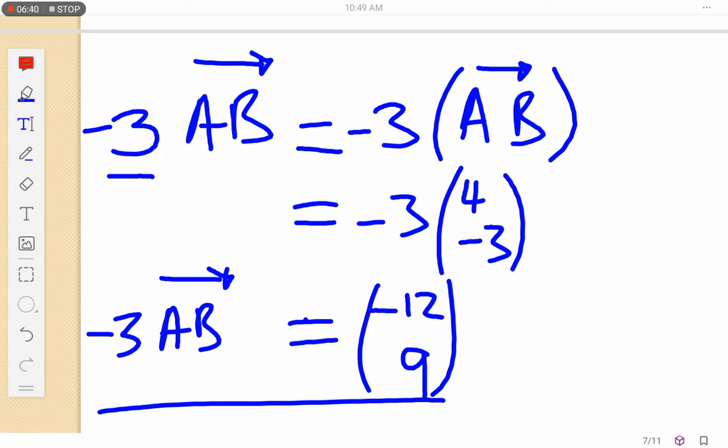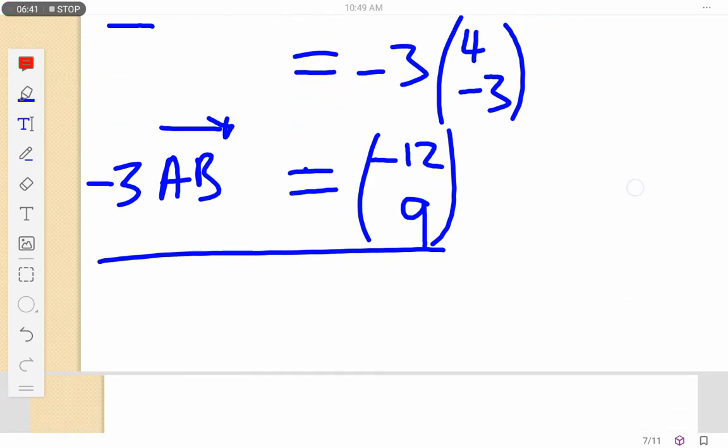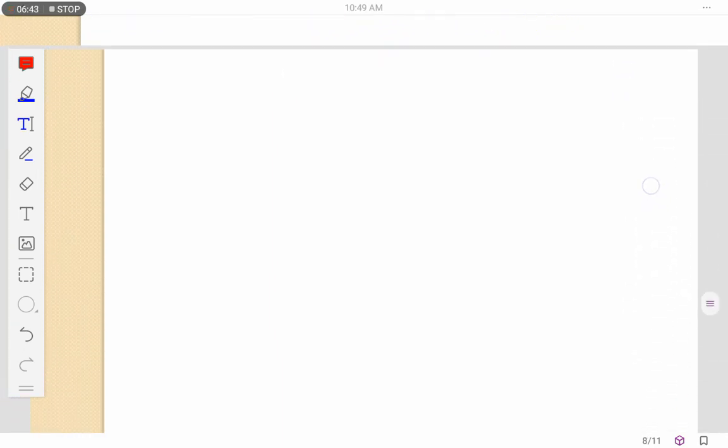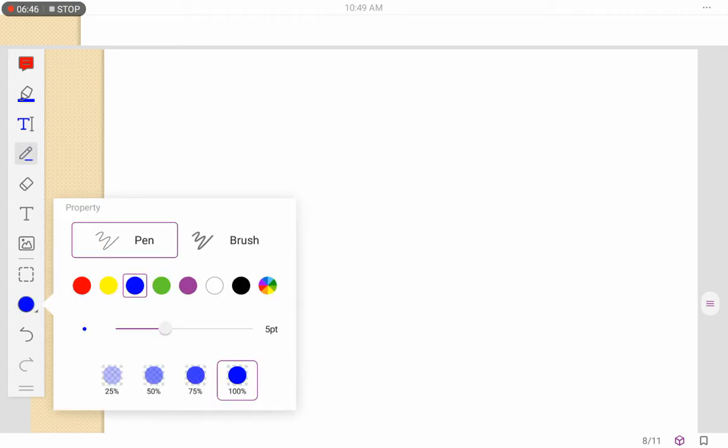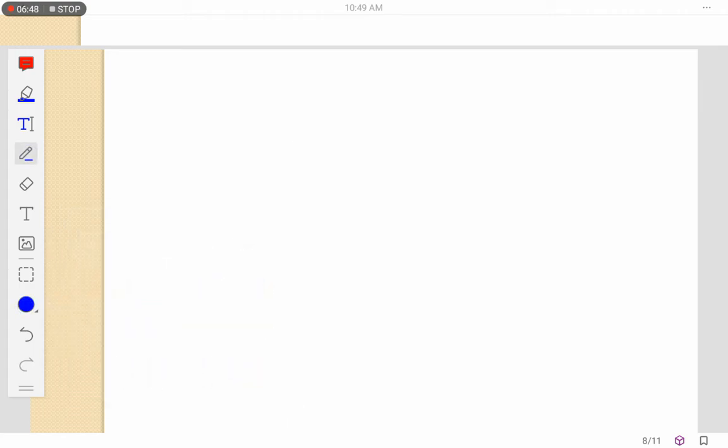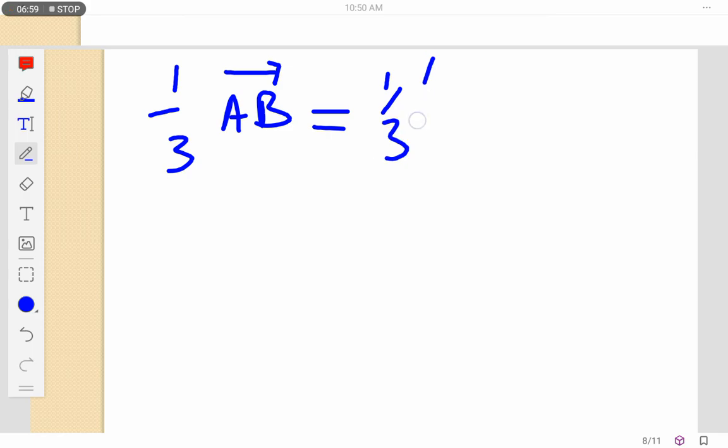Okay, let me have another example where we have a fraction. Let's say we've got 1/3 AB. We want to find that. We'll simply do the same. We'll have our 1/3 by our vector 4, minus 3.